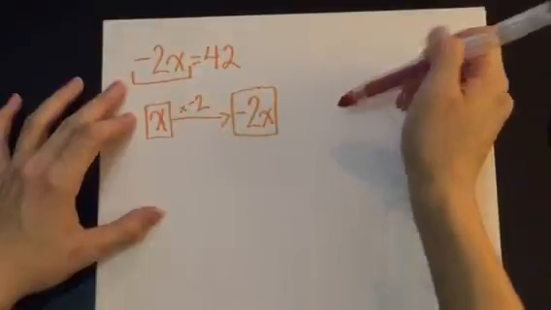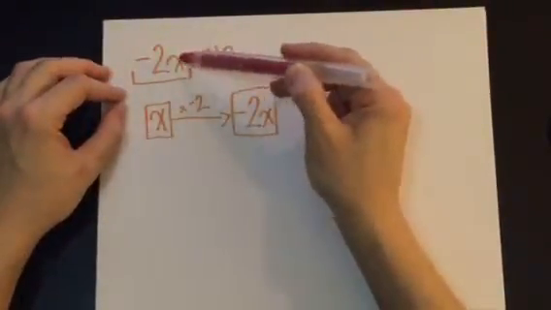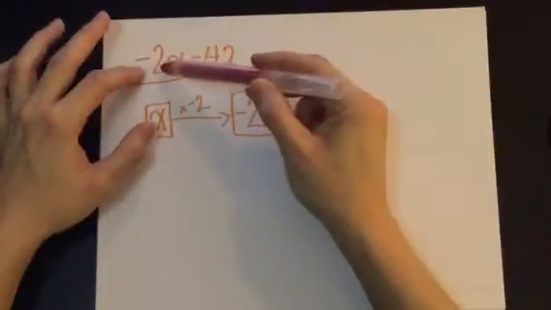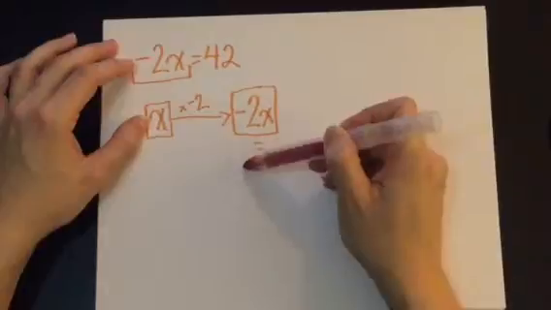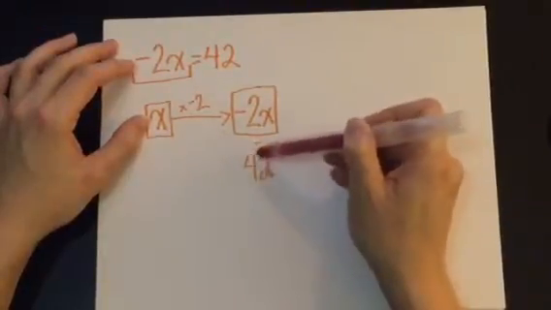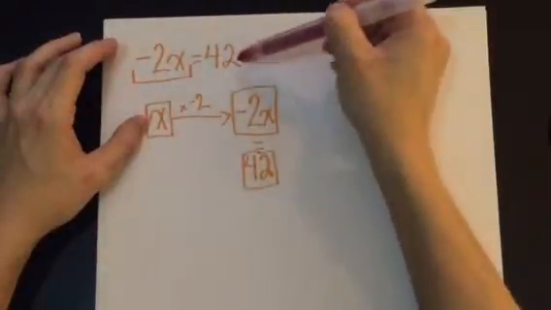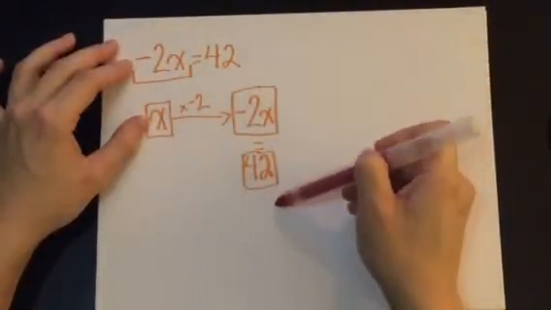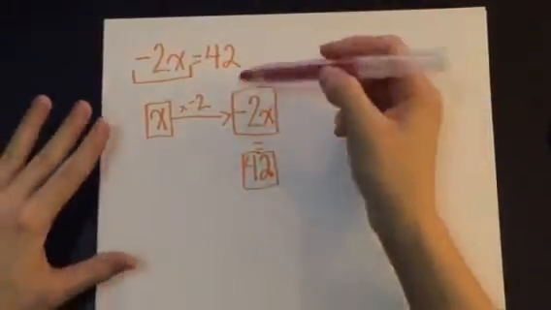Now we have finished building the left side of the equation, so we can say that negative 2x equals 42. The whole equation is represented right here. Now we can work backwards and take it apart and find the solution.